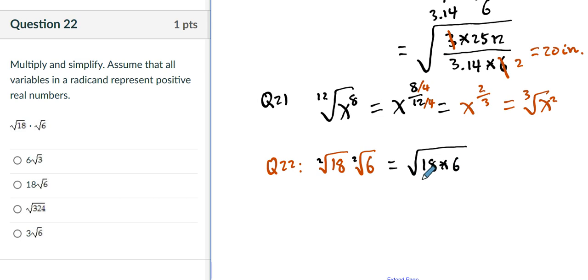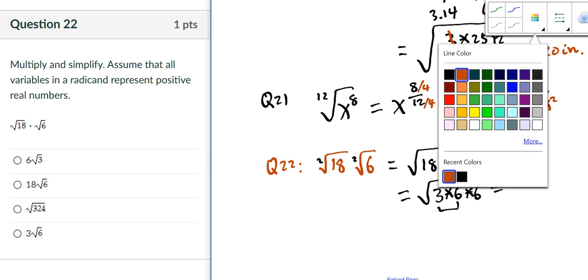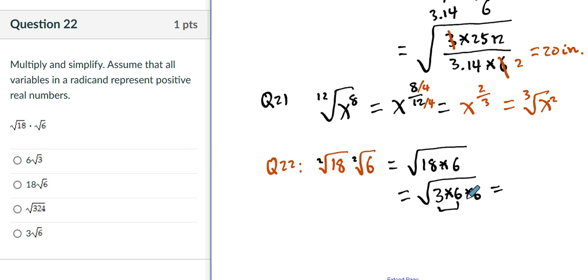And then we know 18 can be written as 3 times 6. And then we have another 6. So these two, 6 times 6, is squared.